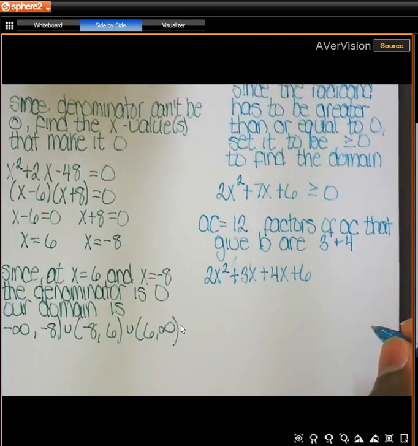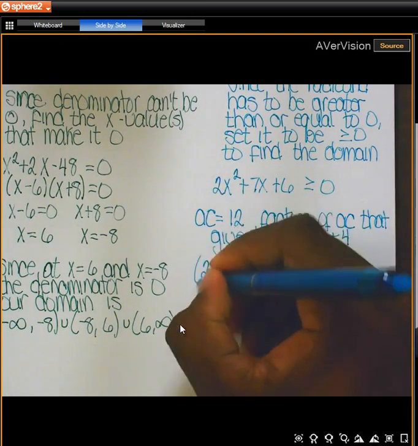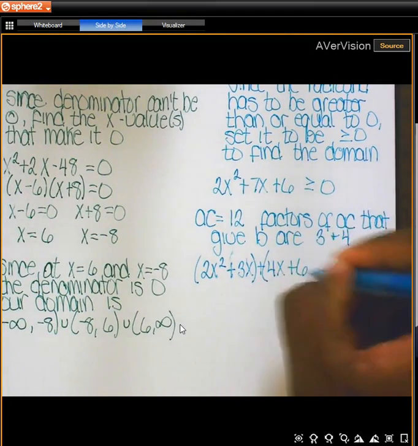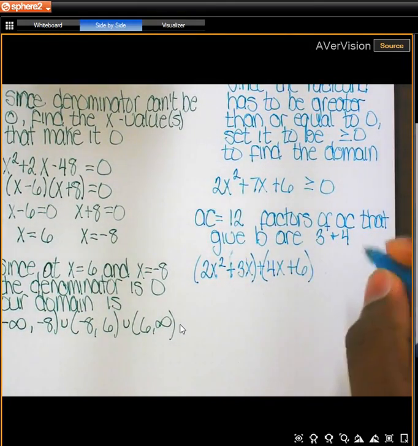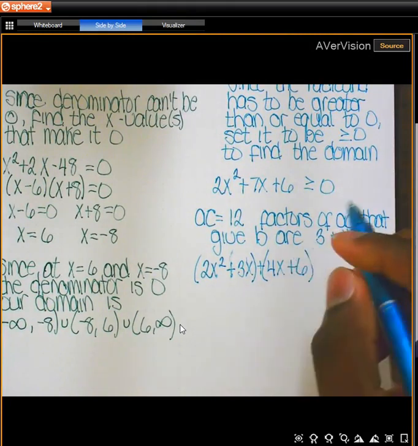And who remembers where to go from here? Yes. Do you remember what that was called? Factoring by grouping.